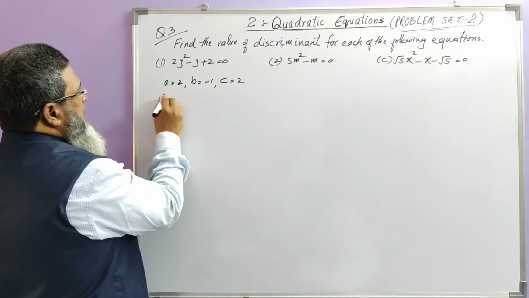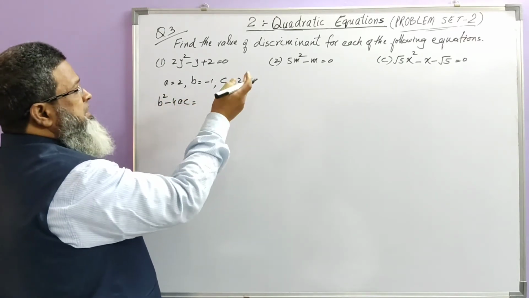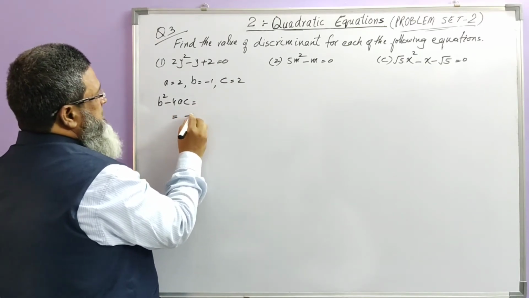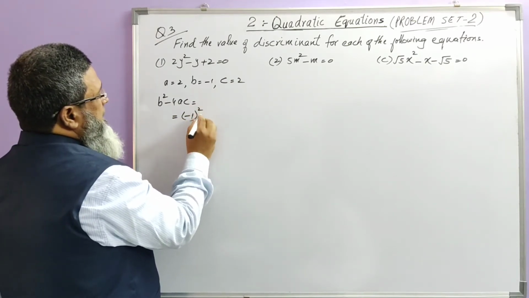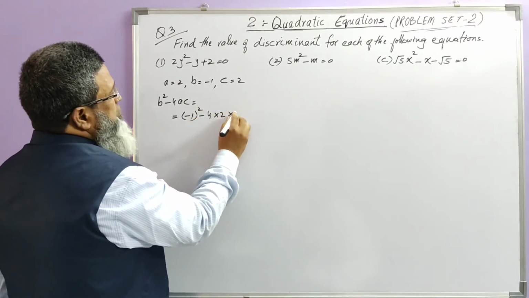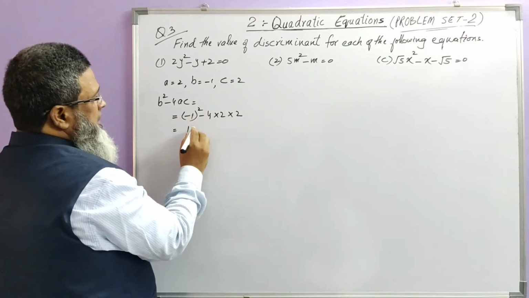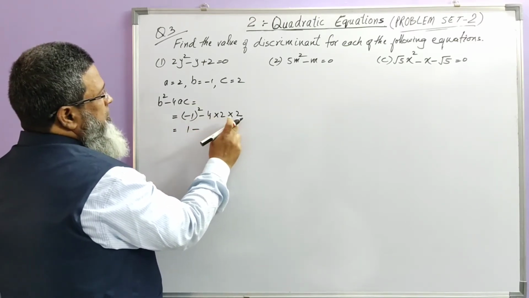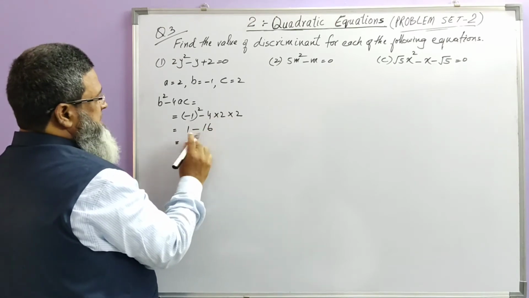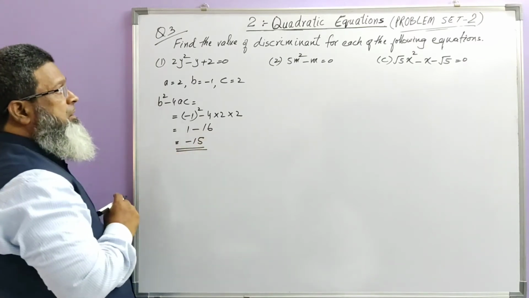You have to find the discriminant, means b square minus 4ac. So b square is minus 1 square minus 4 into a, 2, into c, 2. Here 1 square is 1, minus 2 into 4, 4 into 2 is 16, is equal to 1 minus 16, is minus 15. This will be the discriminant.